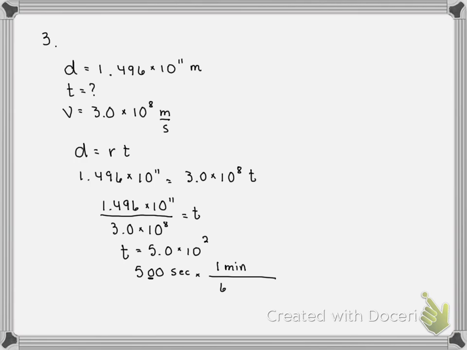And there are 60 seconds in 1 minute. Okay, so when we do the division, 500 seconds divided by 60 is going to give us, rounding to these 2 significant digits here, 8.3 minutes.